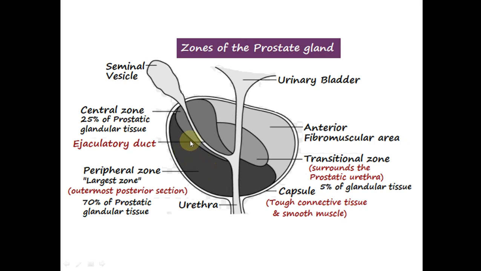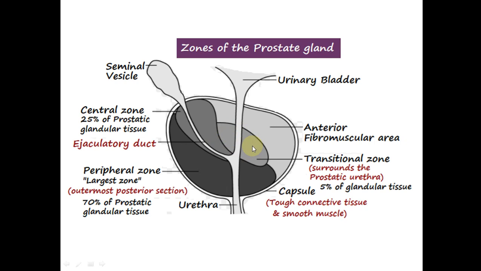Now, second to the peripheral zone, there is a central zone, which also has the transitional zone, and the transitional zone of the prostate immediately wraps and surrounds the urethra, and this is the common site for benign prostatic hypertrophy.